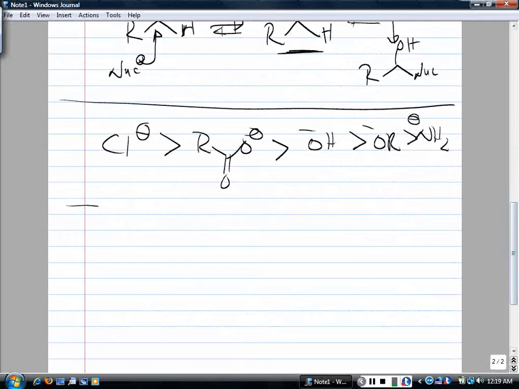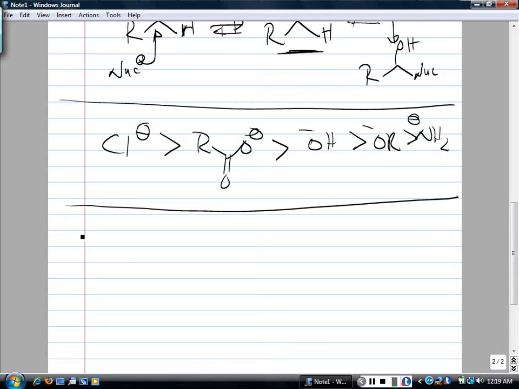It turns out there's a consequence to the relative reactivities. And the consequence is that by and large, in a single reaction, it is possible to convert a higher derivative into a lower derivative, but not the other way around.